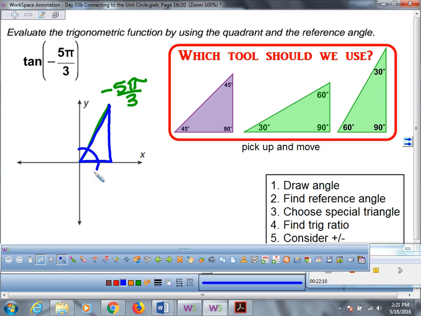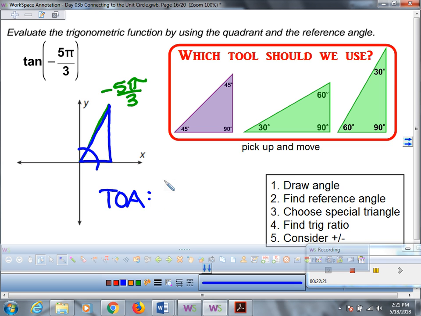So let's evaluate that trig function. Tangent is TOA, opposite over adjacent, or y over x. You could look at it either way. First of all, let's label it. This side's 1, this side's 2, and this side's root 3, or 1/2, root 3 over 2 and 1.